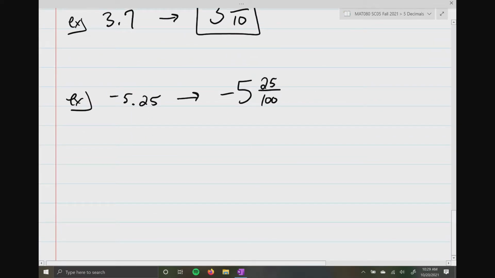You got one foolproof way, which is prime factorization. So 25 is 5 times 5. 100 is 2 times 2 times 5 times 5. We can reduce the 5s. They turn into a 1. So -5 and 25 over 100 simplifies into -5 and 1/4.